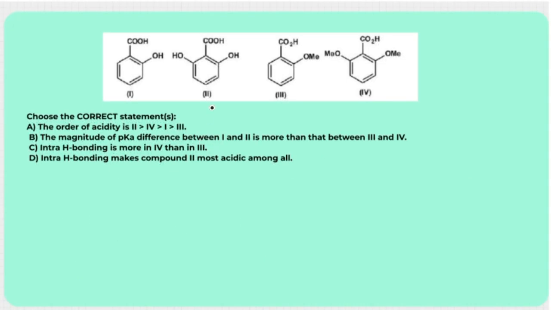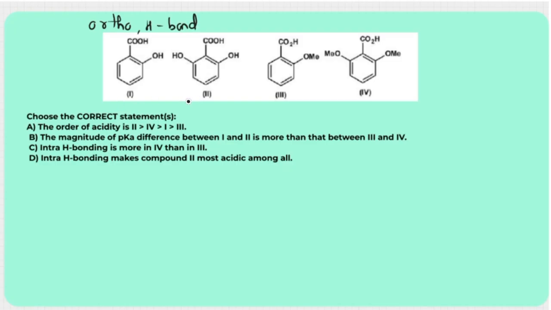Now, let's analyze the molecules. So, this is salicylic acid, and this is called resorcylic acid, right? And this is ortho-methoxybenzoic acid, and this is dimethoxybenzoic acid. The molecules 1 and 2 will exhibit ortho effect as well as intramolecular hydrogen bonding.